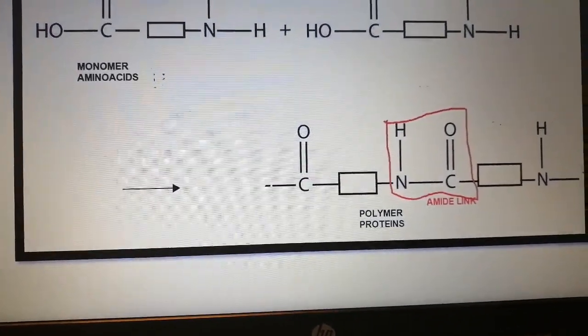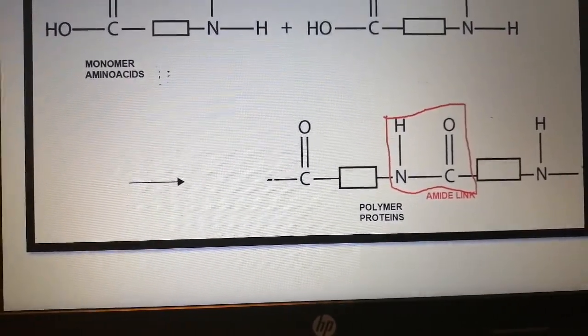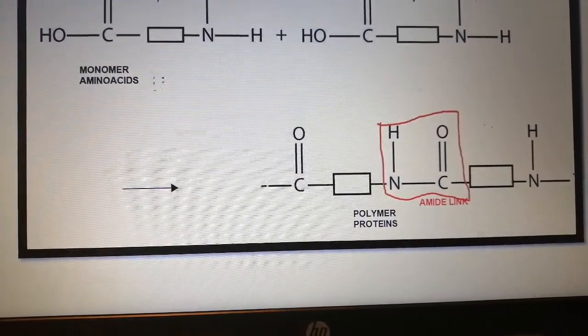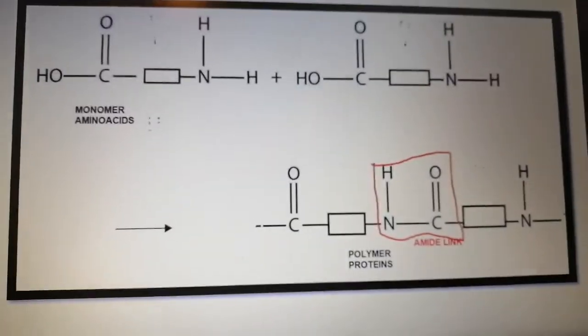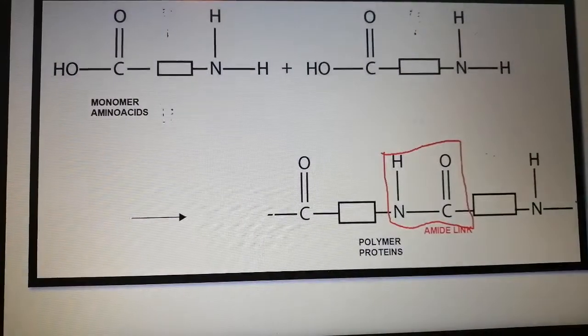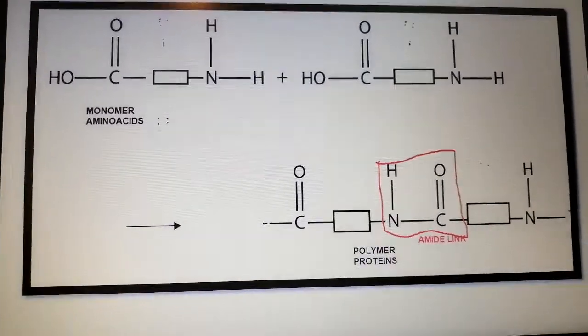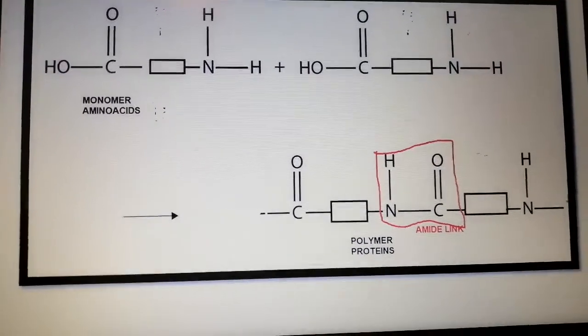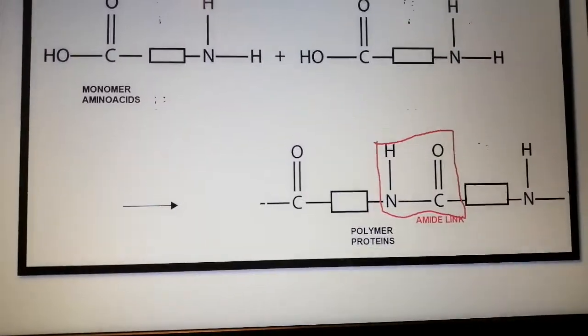But here you have to think, for nylon the monomers were different. It was diamine and dicarboxylic acid. You can take your notebook and check it. The same structure you have for nylon, but here it is a natural polymer and the monomers are amino acids.